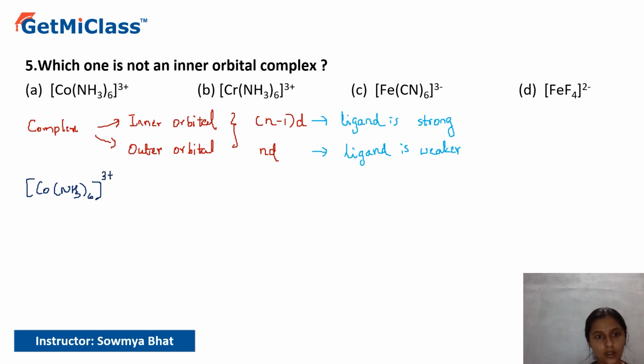[Co(NH3)6]3+. Here cobalt is in the 3+ state. So the configuration of cobalt is 3d7 4s2, but since it is in the 3+ state, the configuration will be 3d6 4s0. So there are 6 electrons in the d shell.